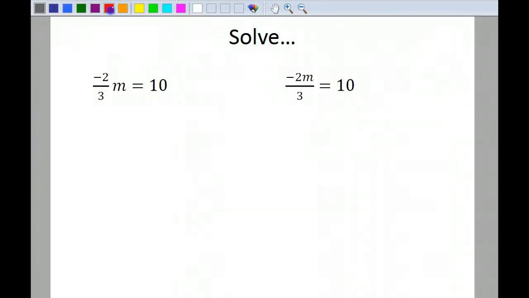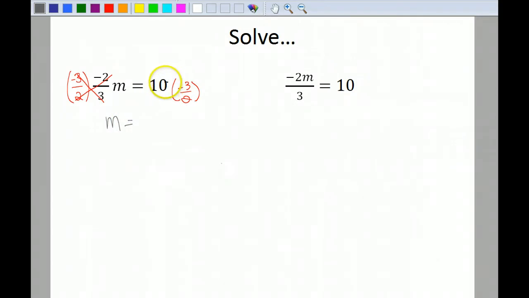Negative 3 over 2. So I'm going to multiply both sides by negative 3 over 2. Now look what's going to happen. A negative times a negative gives me a positive. My 3's are going to cancel. My 2's are going to cancel, which leaves me with m.